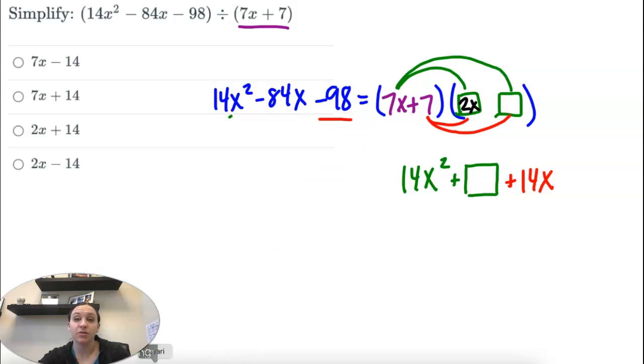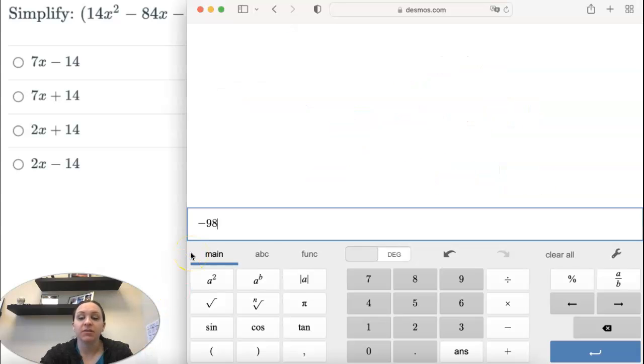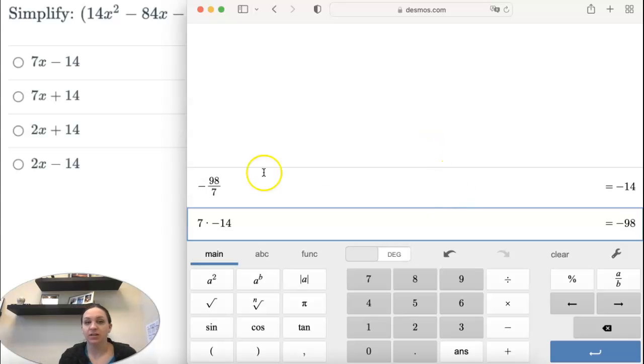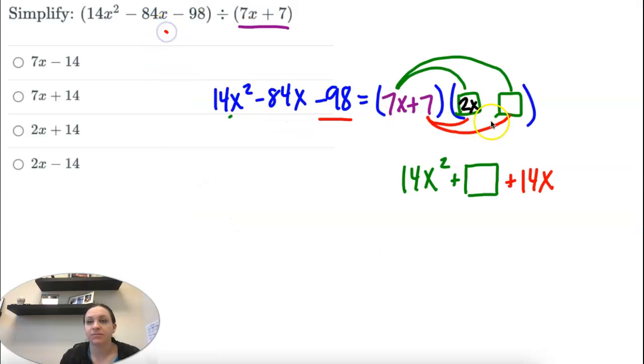So I have no idea, so I'm going to divide. Negative 98 divided by 7. So 7 times negative 14 is negative 98. So this has to be negative 14 to give me negative 98 out here. Okay, so now let's go back to this one. 7x times negative 14.